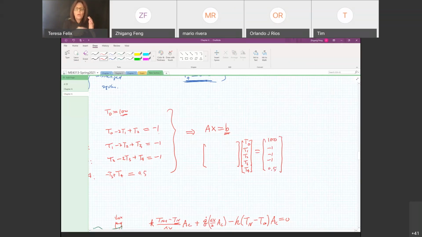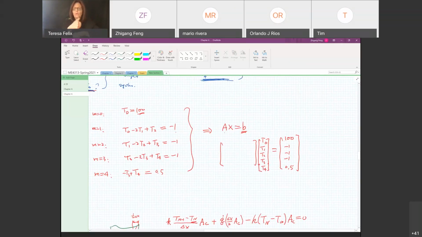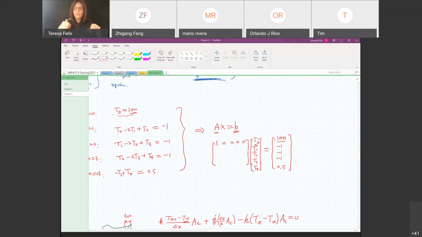So now let's assemble the matrix A. For T0 equal to 100, I have 1 multiplied by T0, so 1. I don't have any T1 in the first equation, so I put 0, 0, 0, 0. For the second equation, I have 1 T0, so I put 1. I have minus 2 T1, so I put minus 2. I have 1 T2, so I put 1. I don't have T3, T4, so I put 0.